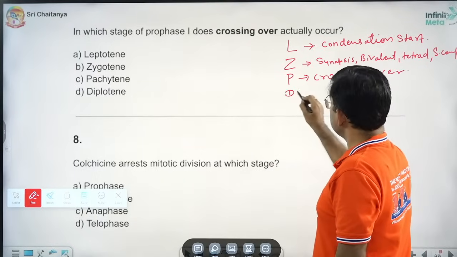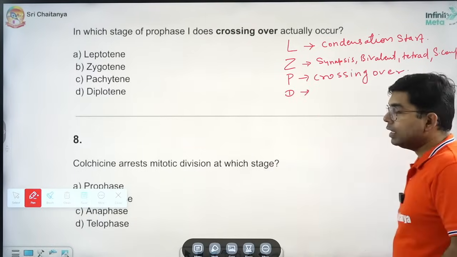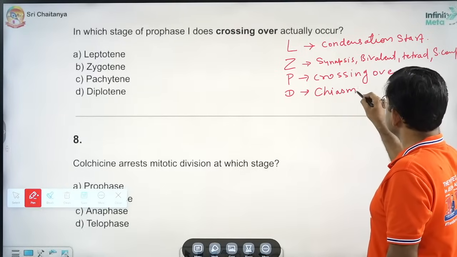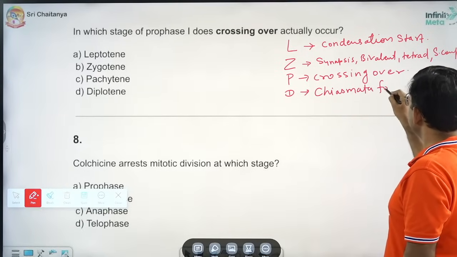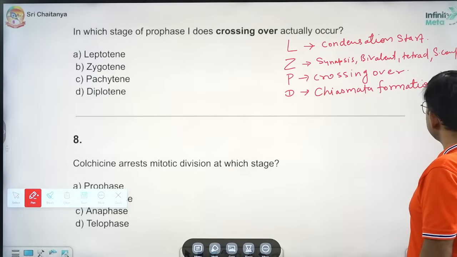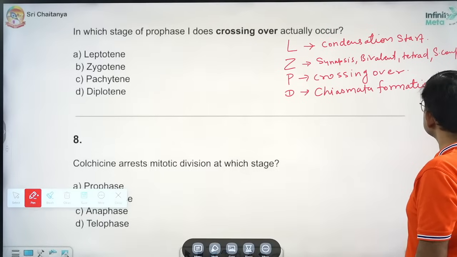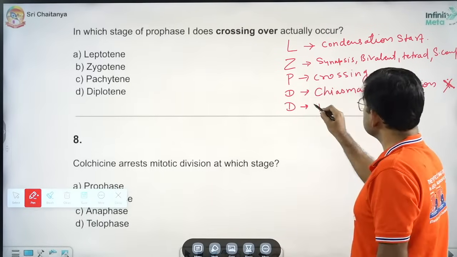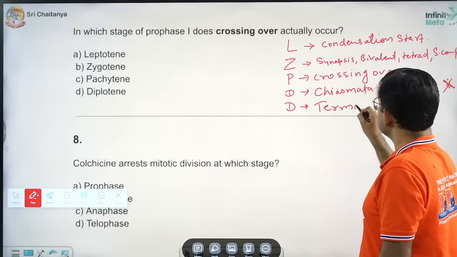Then diplotene, here what will happen? Here we say chiasmata formation, which is an X-shaped structure, right? And then finally in diakinesis, terminalization.